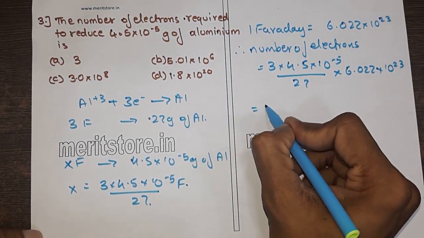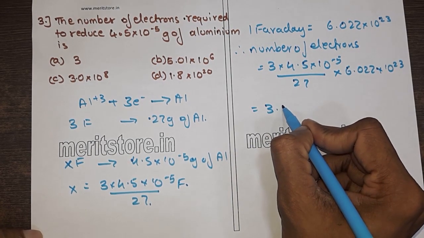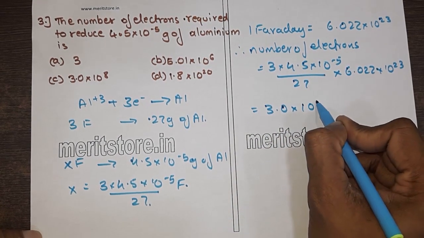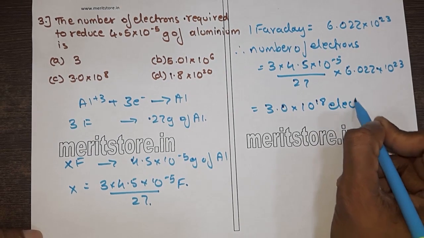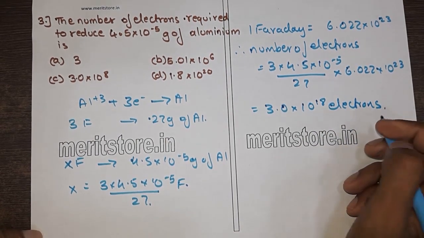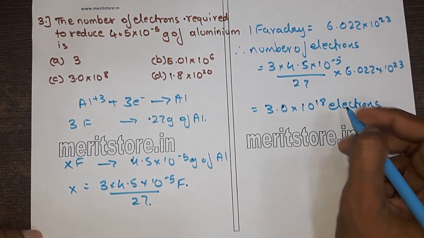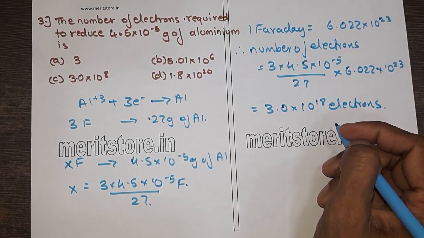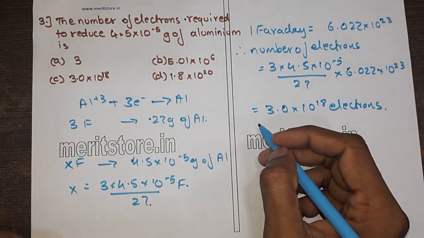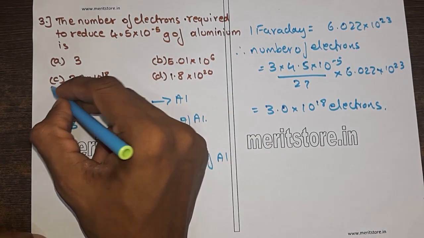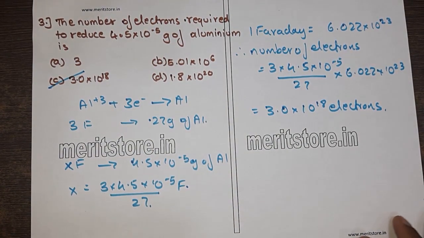Solving this, we get 3.0 into 10 raised to 18 electrons, which matches with C. Therefore option C is the correct answer.